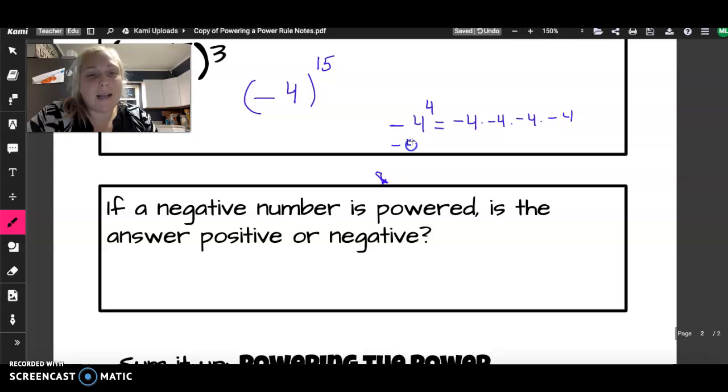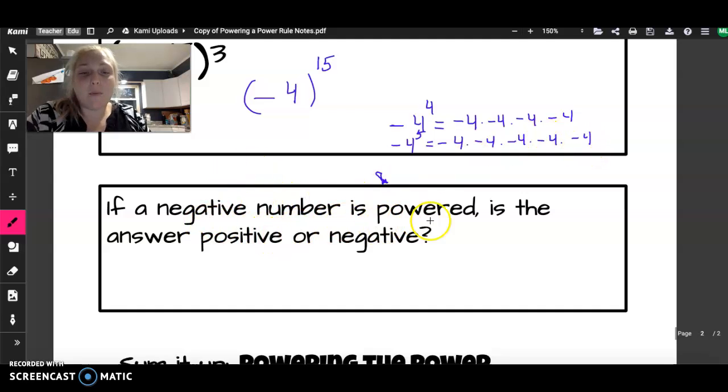However, if you just had negative 4 to the 5th power, negative 4 times negative 4 times negative 4 times negative 4 times negative 4, this would end up being a negative number because there's an odd number of negatives, and you don't have any negatives to cancel out and make positives. Negative 4 times negative 4 would be positive. That positive number times this negative 4 would be negative. That negative number times this negative 4 would make it positive, but then that positive number times that last negative would make that a negative number.